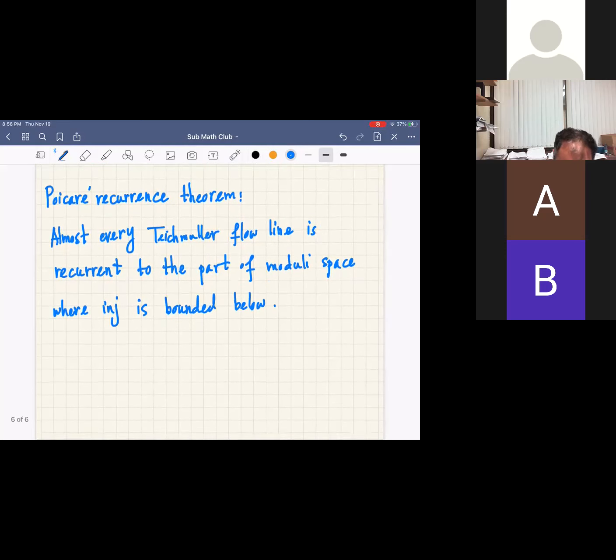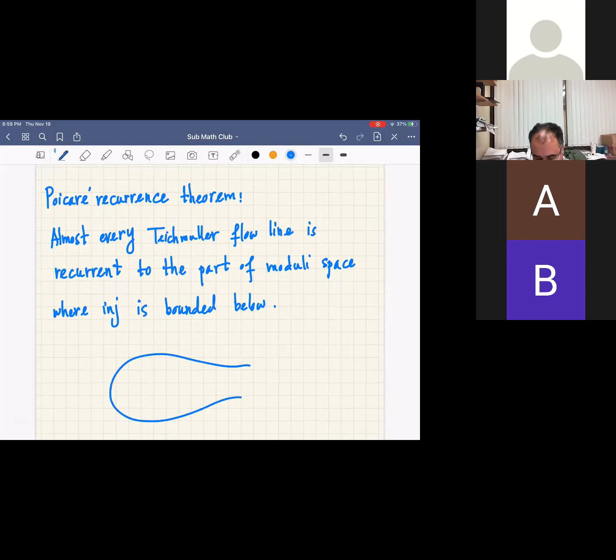Okay, so let me also, here there is this word, so let me actually draw a picture and explain what this says. So let's say this is the picture for my moduli space. Let me also denote it by M. We put all these flat surfaces together, and we get a space where every point is just a flat surface.